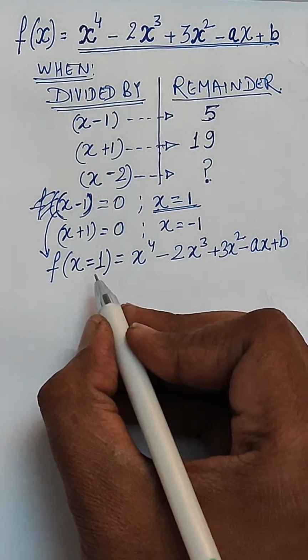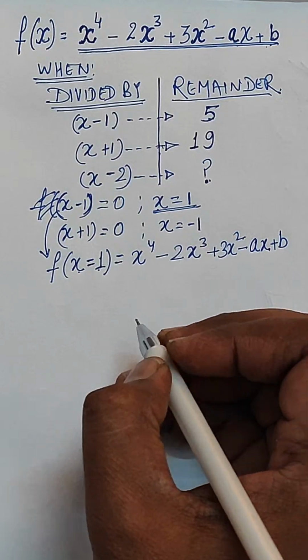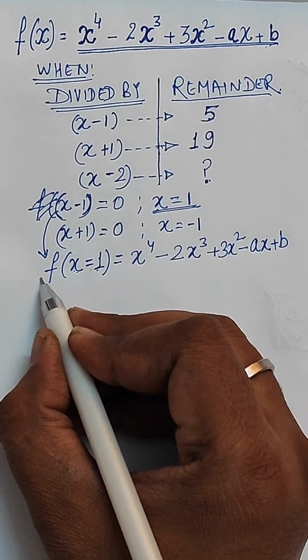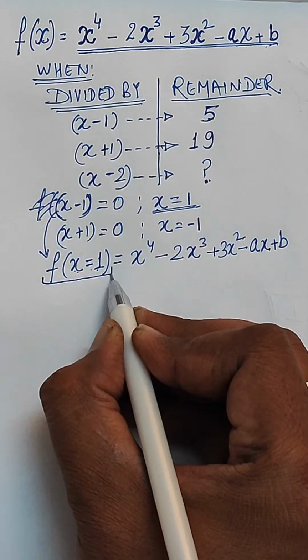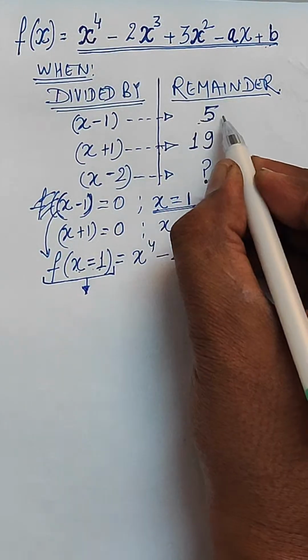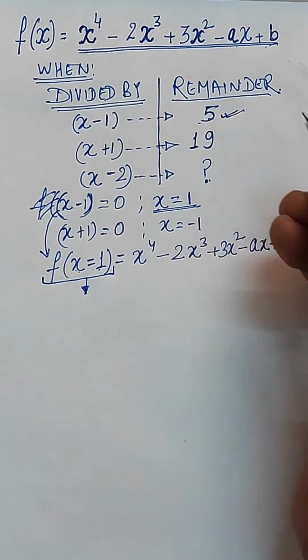When x equals 1, f of 1 will give some remainder, and this remainder will be nothing but 5.